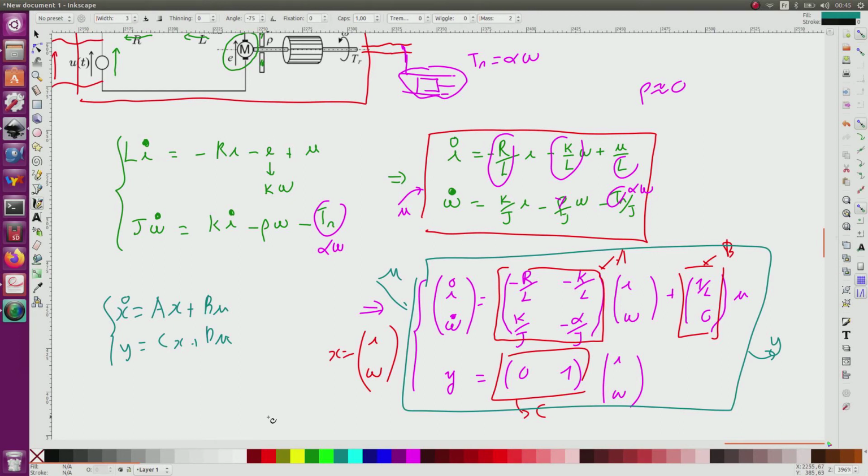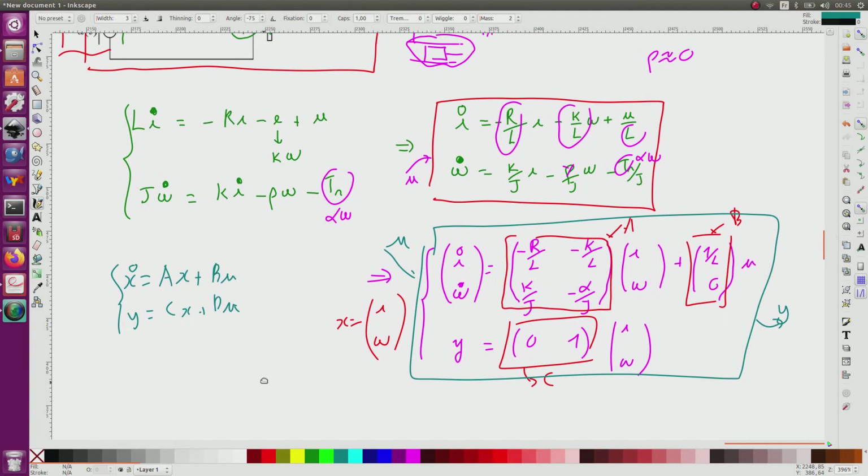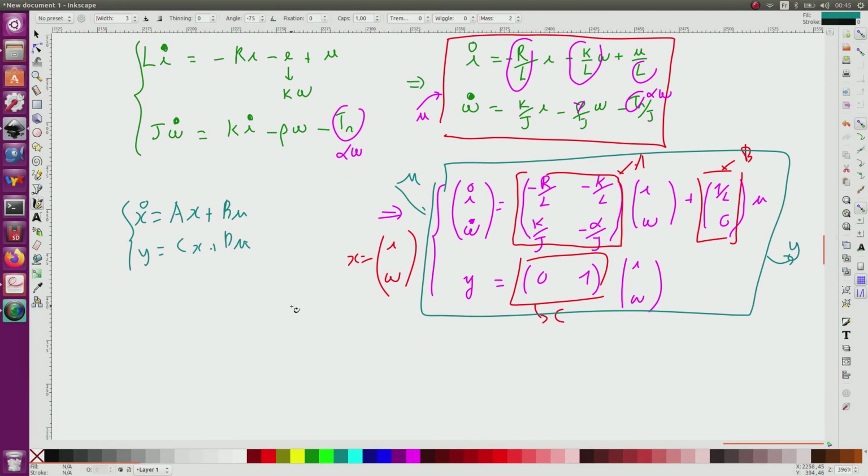To compute a transfer function, I can use the Laplace representation, but for question number 2 I can also directly use the relation G of S is equal to C (S I minus A) inverse B plus D. So it is a classical formula to get directly the transfer function.